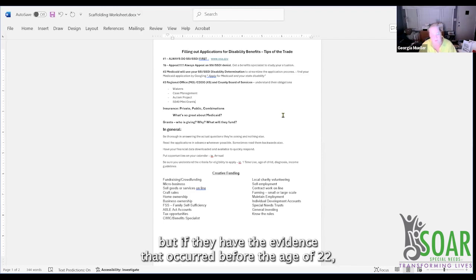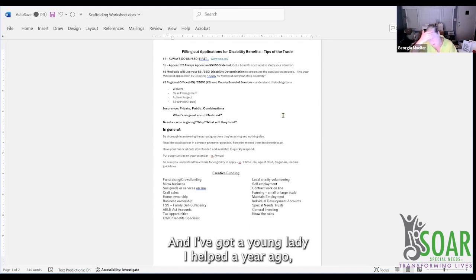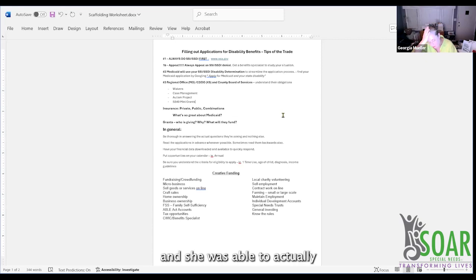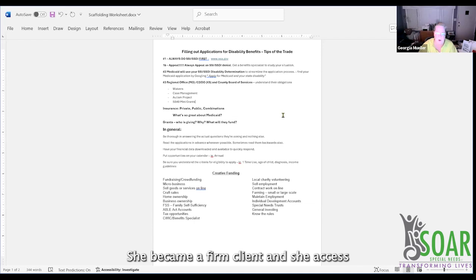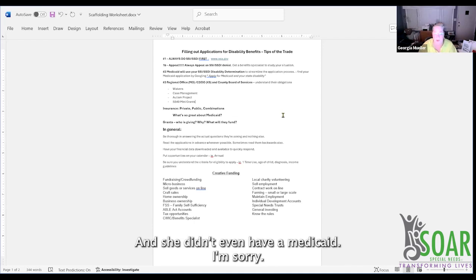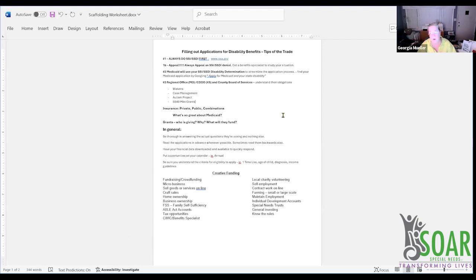But if they have the evidence that occurred before the age of 22, they can still go in. I've got a young lady I helped a year ago, and she was able to actually become a firm client, which she had been a vague client before that, like they knew her, but she never got any services. She became a firm client, and she accessed a Medicaid waiver at the age of 38. And she didn't even have a medical diagnosis for her autism until her early 30s.